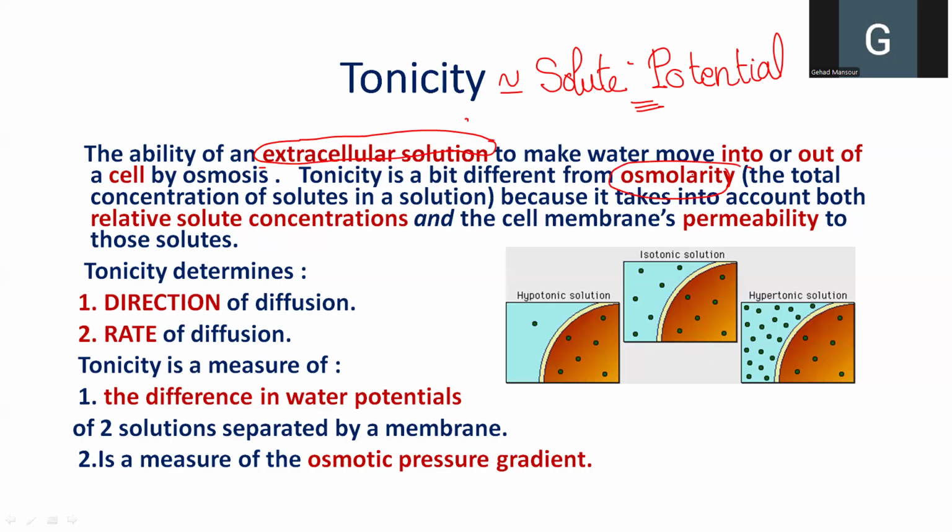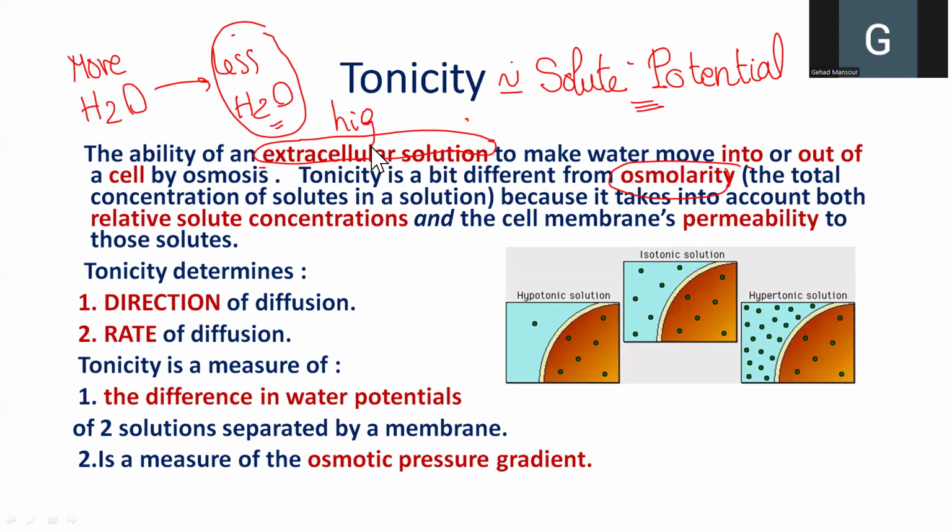Because in order for water to flow, there should be a hypotonic solution and a hypertonic solution. There would be a solution that has more water concentration and a solution that has less water concentration. So solute potential and tonicity help you decide, because the solution that has less water concentration is a solution that has a higher solute potential and a higher tonicity.